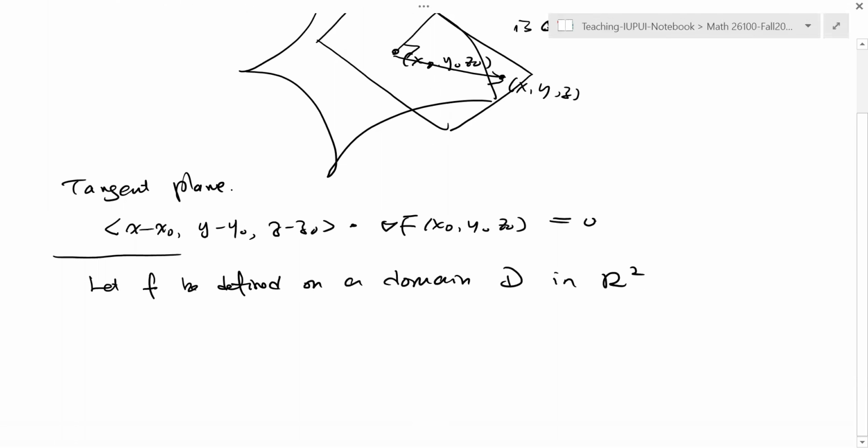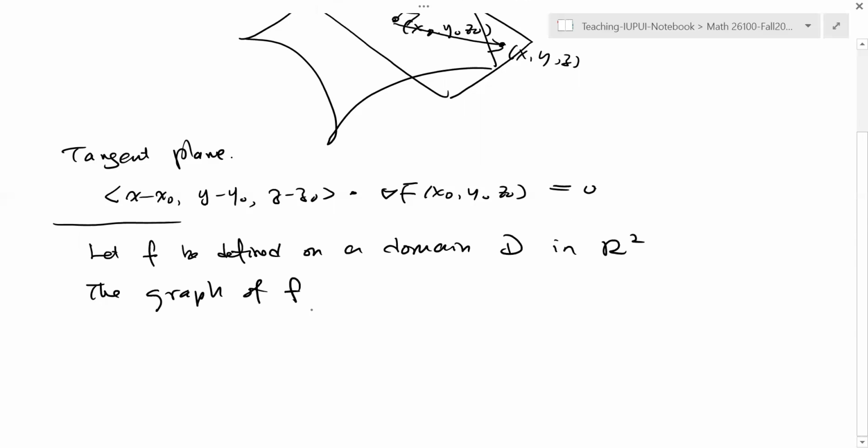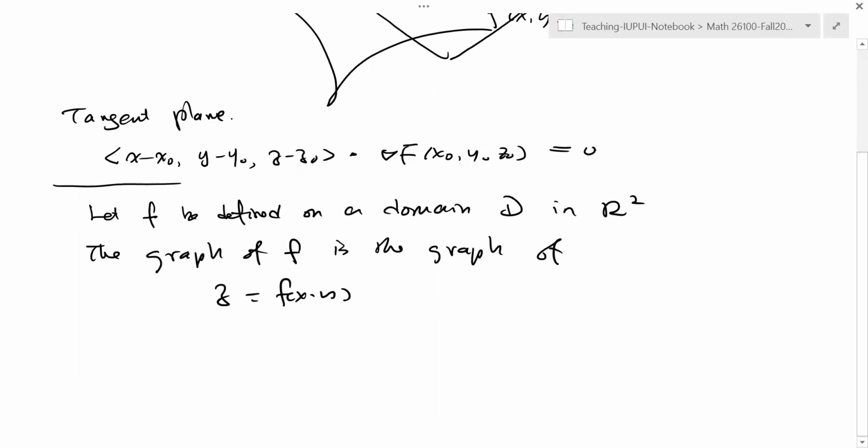Then the graph can be viewed as a level surface. So the graph of f is the graph of the equation z equals f of x, y.